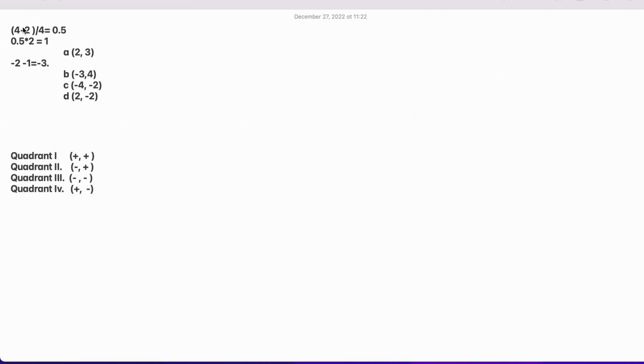The number of small spaces is 4, so the difference of 4 minus 2 divided by 4 is 0.5. So one space is 0.5 and 2 spaces is 1, right?